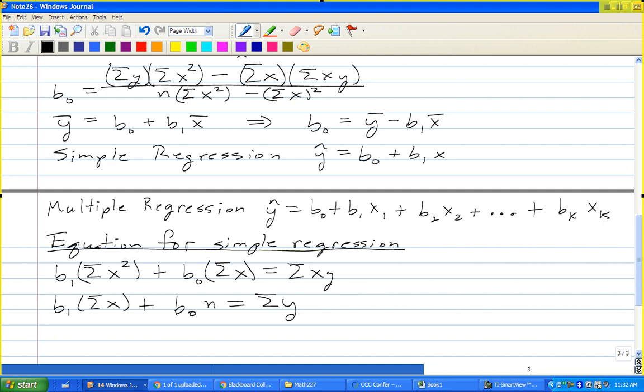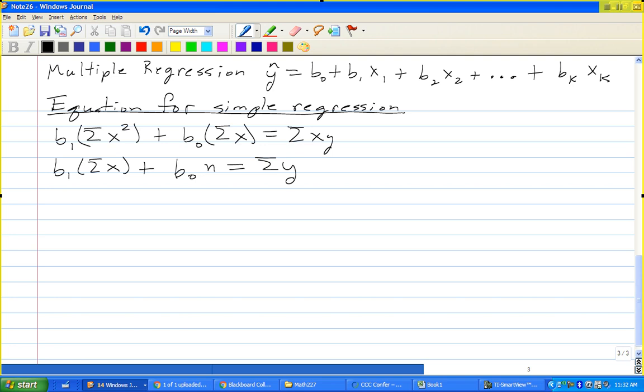Let me do an example. Determine the regression line for the following set of data.